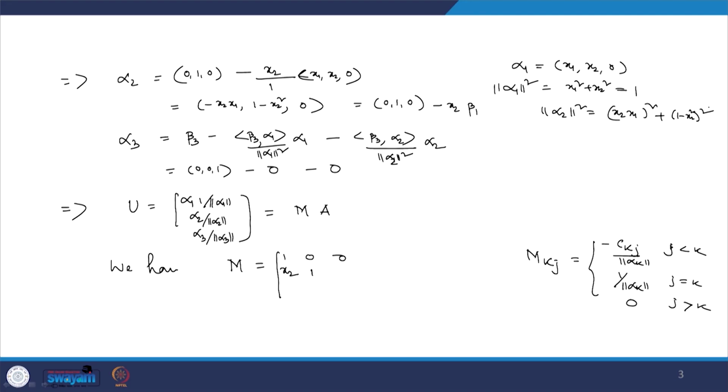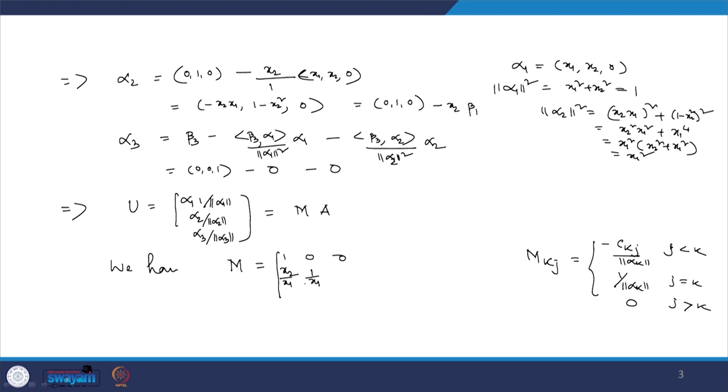But 1 minus x2 square equals x1 square. So, this equals x2 square x1 square plus x1 to the power 4, which equals x1 square into x2 square plus x1 square, which equals x1 square. So, norm of alpha 2 is equal to x1. So, I have to take the norm of alpha 2: x2 by x1 will be there, and this will also be 1 by x1.